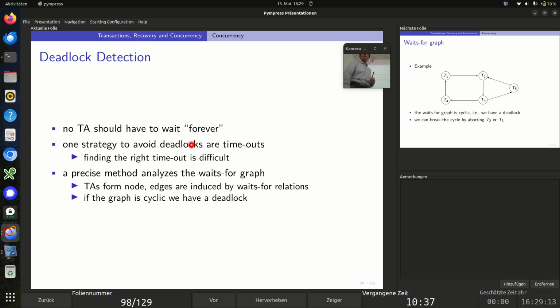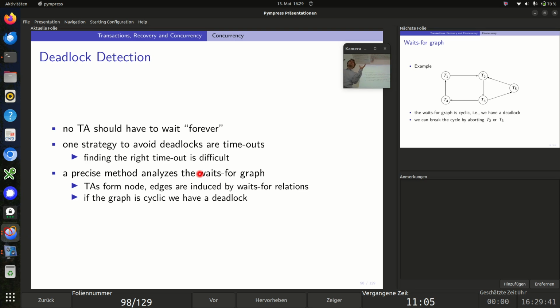So two possibilities. Either you can use timeouts, so after a certain amount of time the transaction decides to abort. But the question is when to abort. If we have a long-running transaction, it might wait just because of a long, time-expensive computation, but not because of a deadlock.